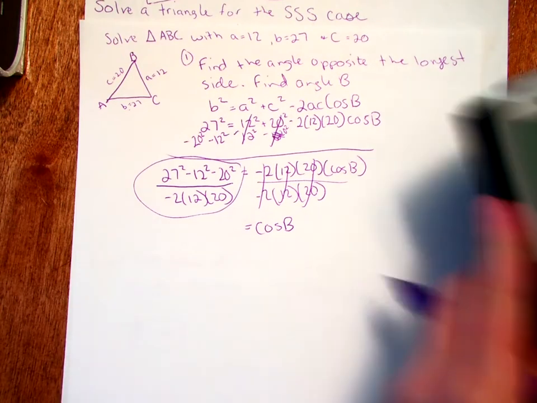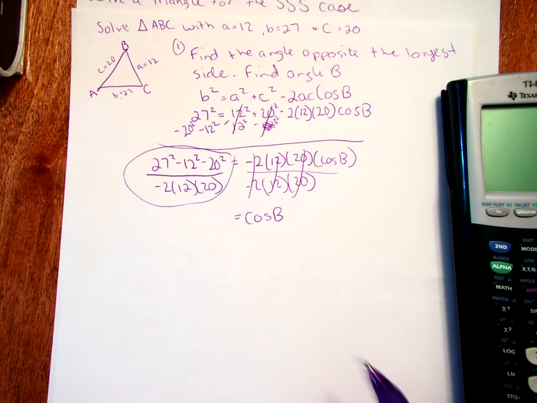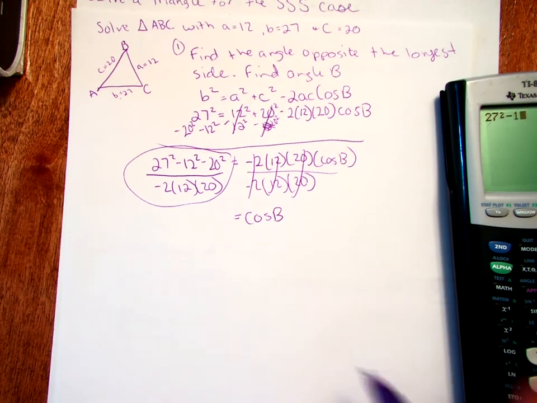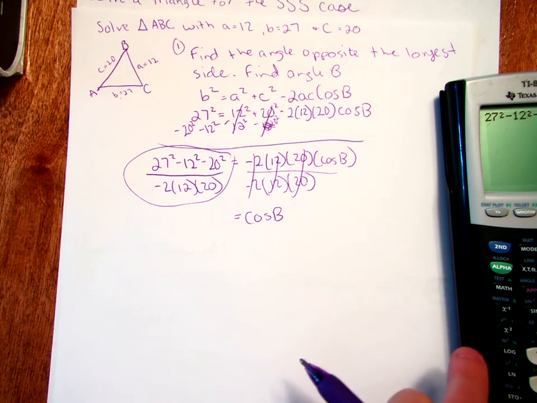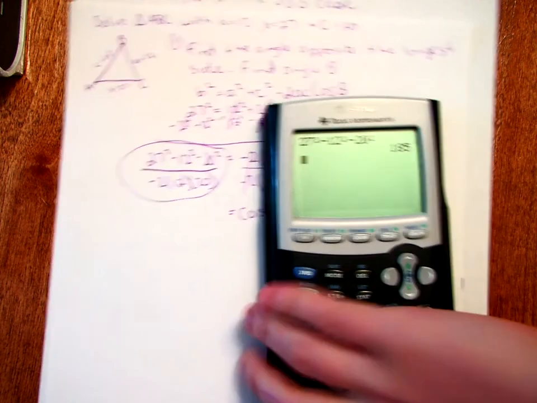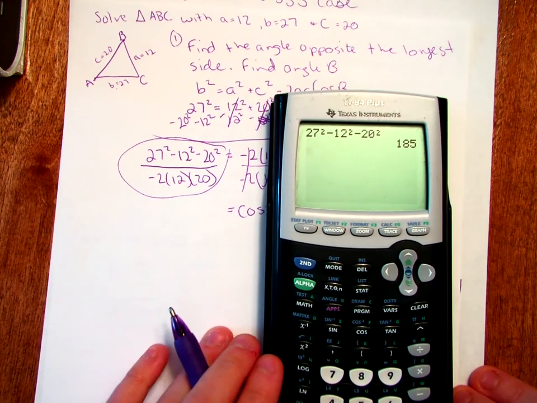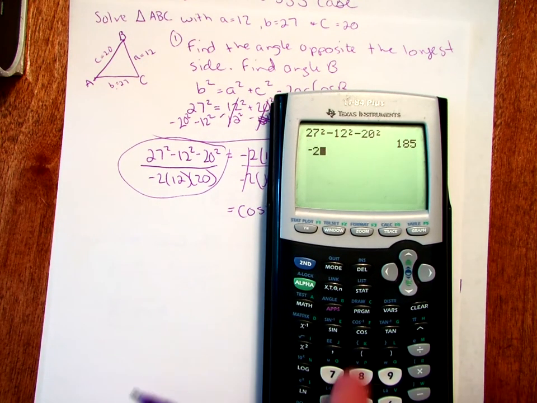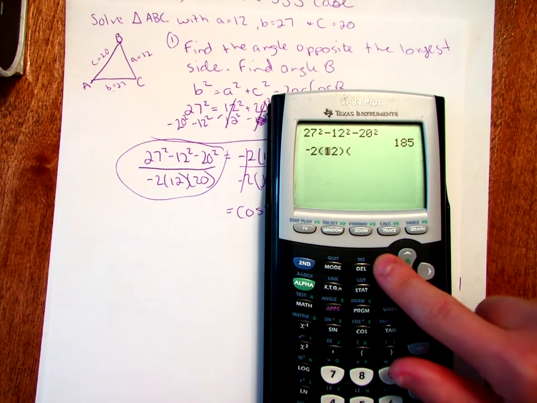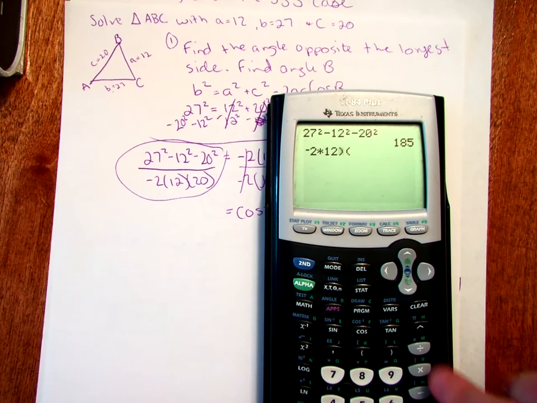So put that in your calculator. 27 squared minus 12 squared minus 20 squared. I usually like to hit enter at that point, just so you can see. And then negative 2 times 12, I'll use the times button, times 20.